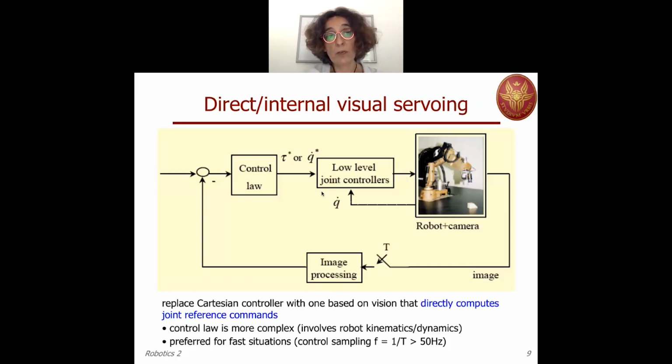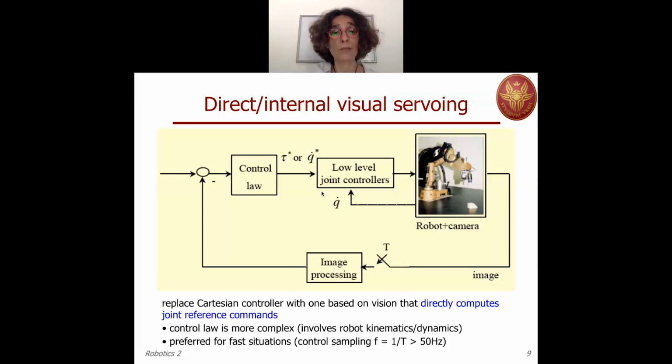We are actually working at a higher frequency, so it's preferred in situations in which fast motion or fast reaction is required. Complementing the previous range, here we are talking about frequencies greater than 50 Hertz.